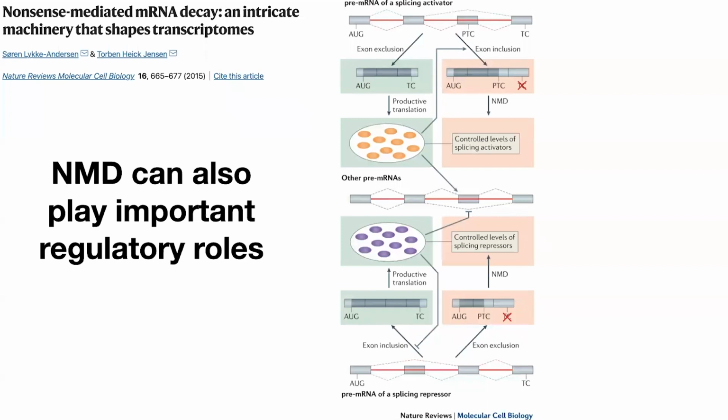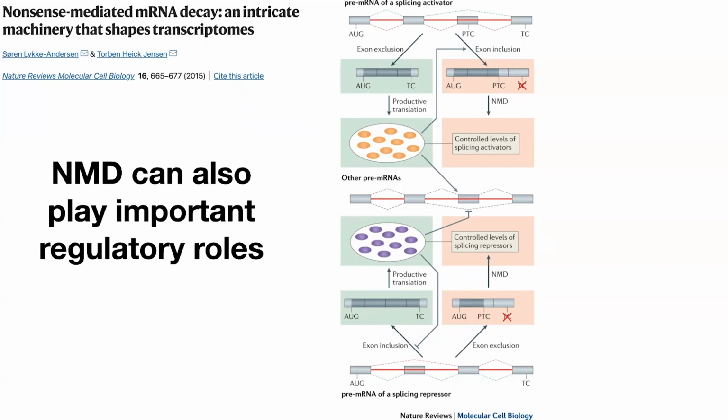Also, before I move on to the other forms of this surveillance, I also want to mention that although I've been talking about NMD in the context of diseases, it also plays important regulatory roles outside of disease. For example, it helps regulate the making of splicing repressors and splicing activators.